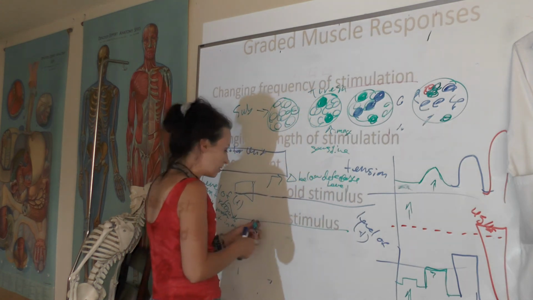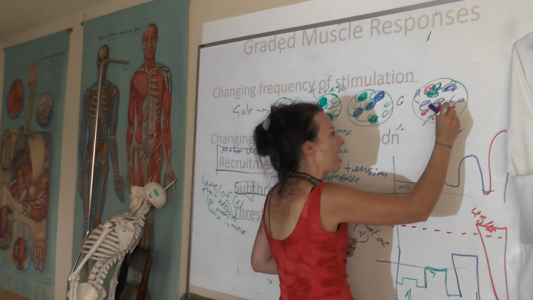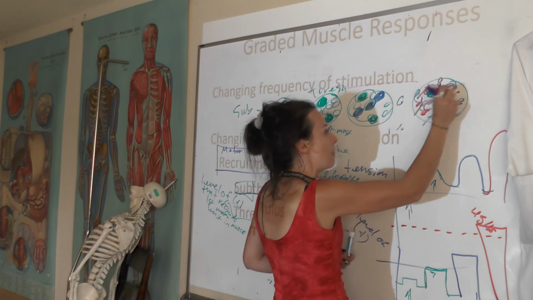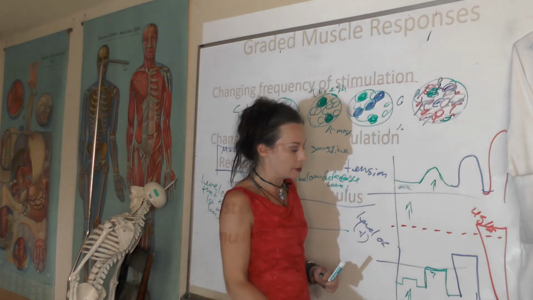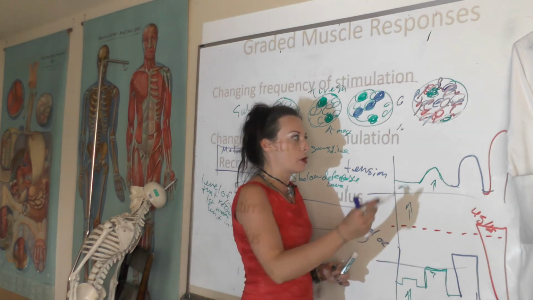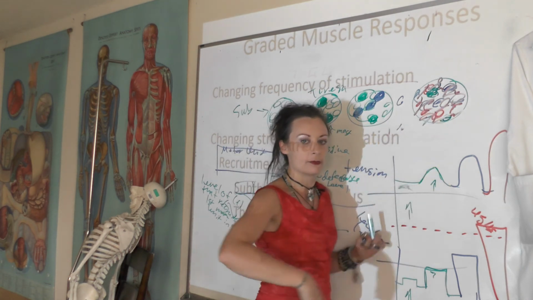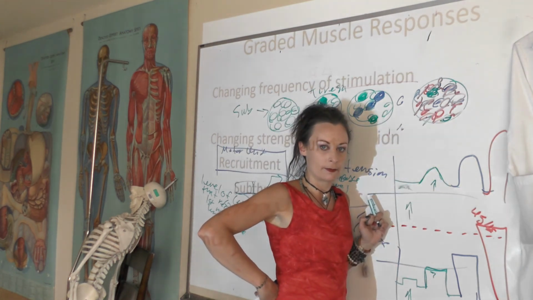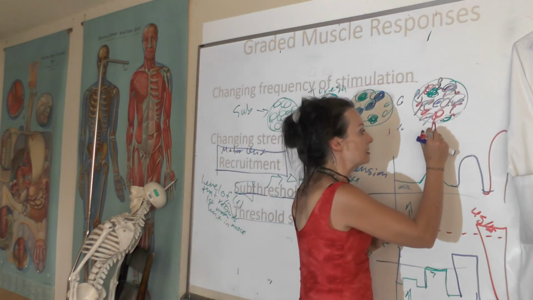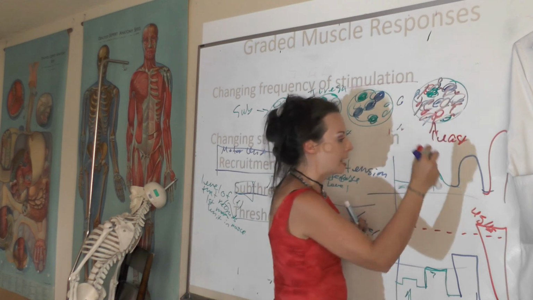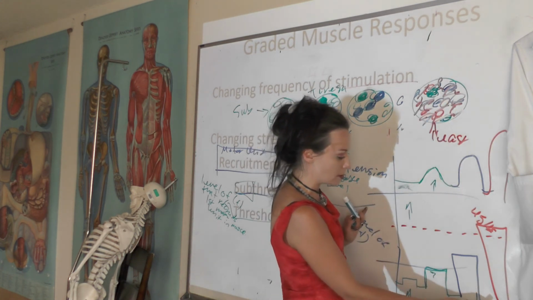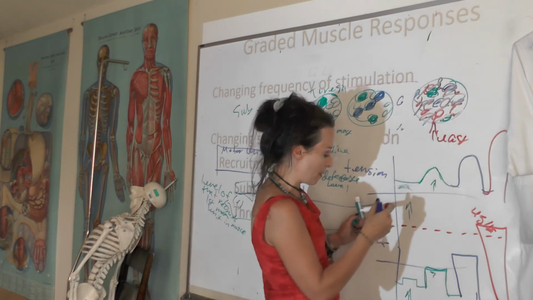And then when I hit it with its max stimulus, I'd recruit every single motor unit in my biceps brachii to do this job. So when I recruit that last one, is it the most sensitive or the least sensitive? It's the least sensitive, right? So now I have recruited every motor unit in this muscle, and it's producing the maximum amount of tension that it can.